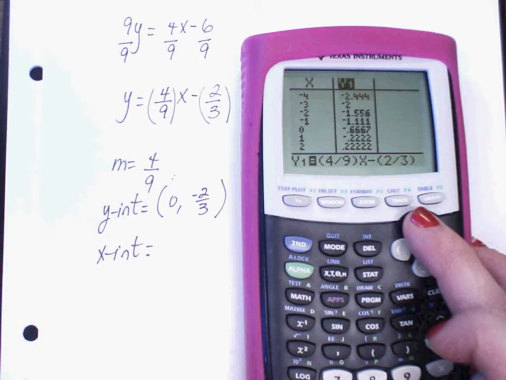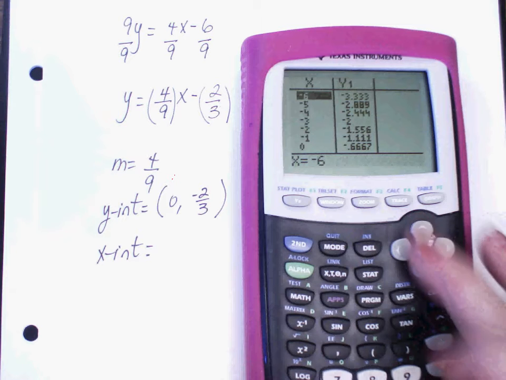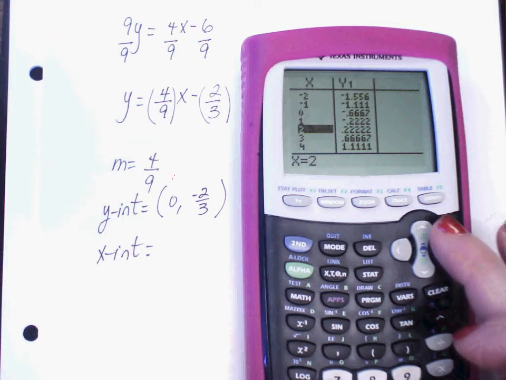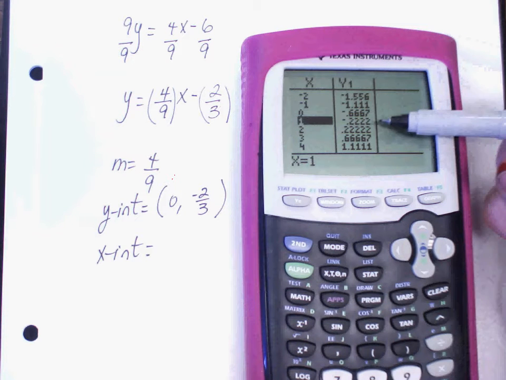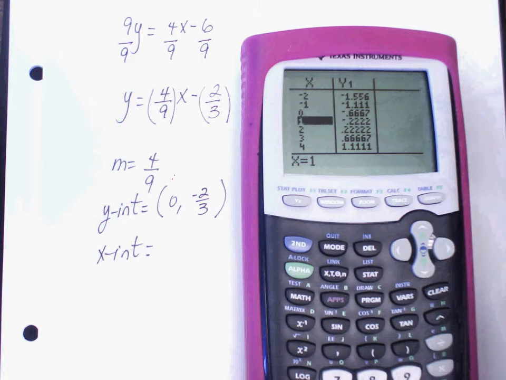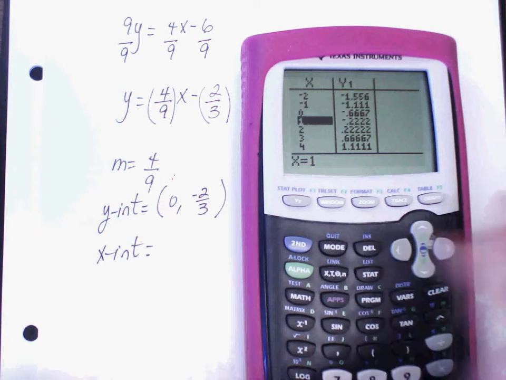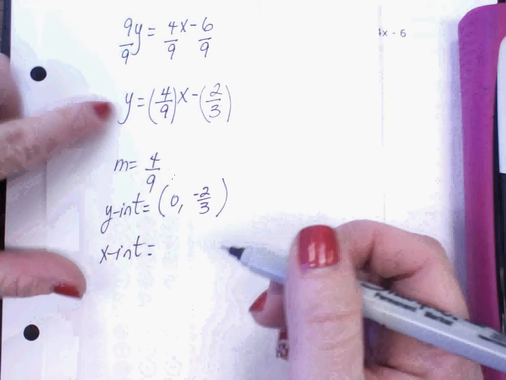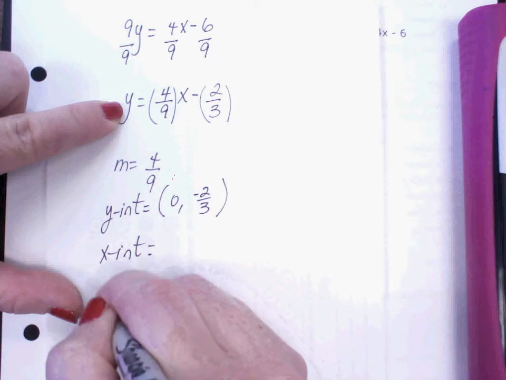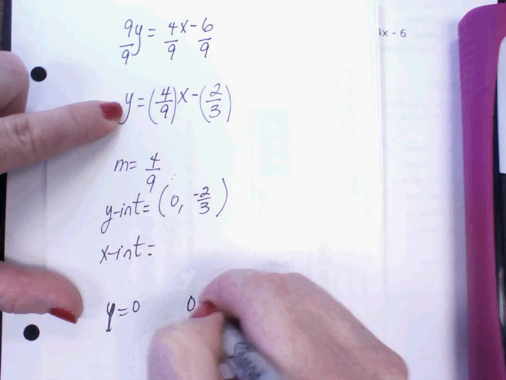All right, and I'm looking for when y equals 0. Okay, those are getting bigger. See, it's not there. It jumps from negative 0.22 to positive 0.22, which means it's got to be a number between those two, right? So I got to plug in that 0, because it's not on my table. So remember, this is 0, because y equals 0.